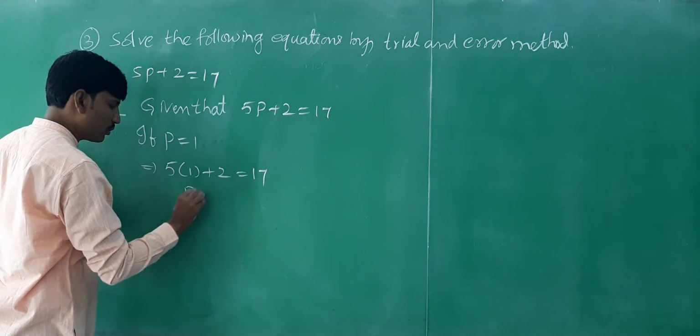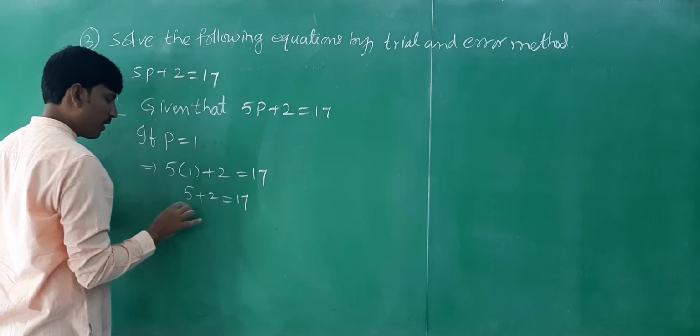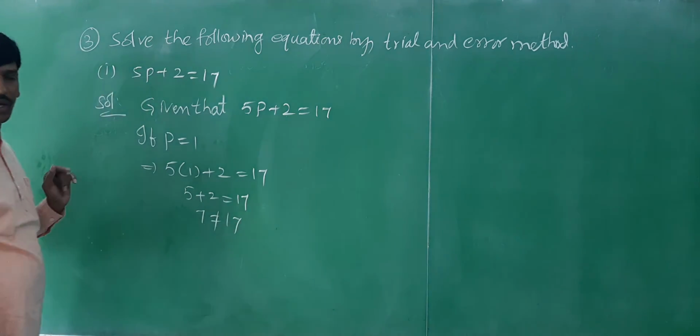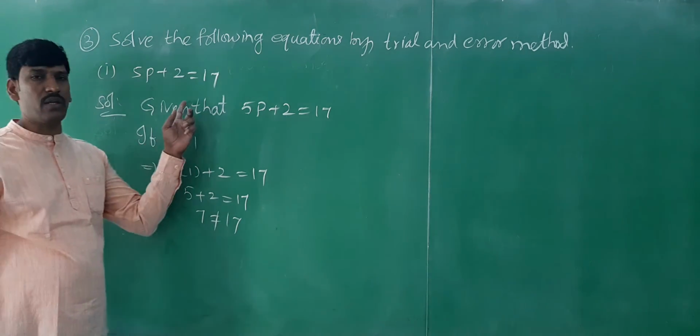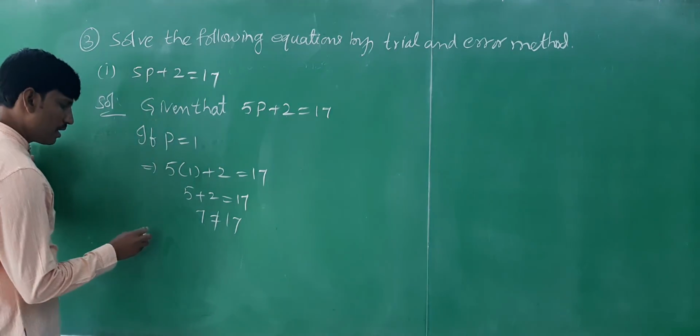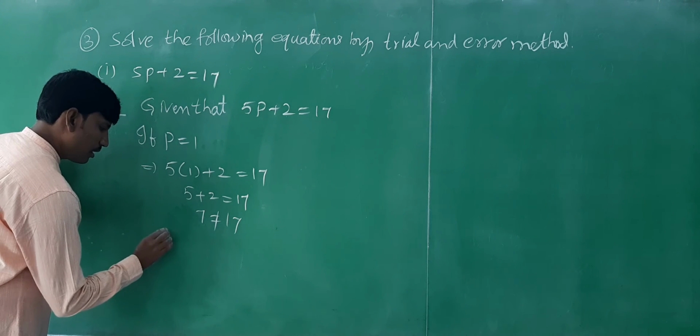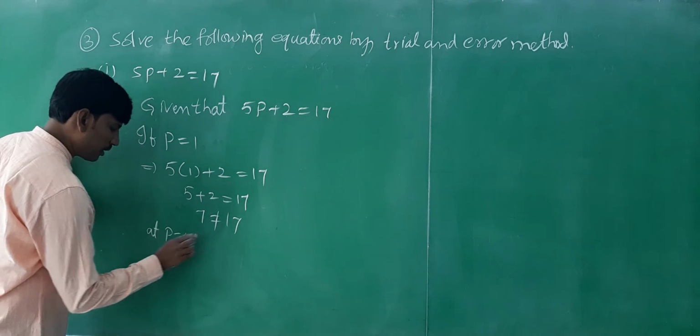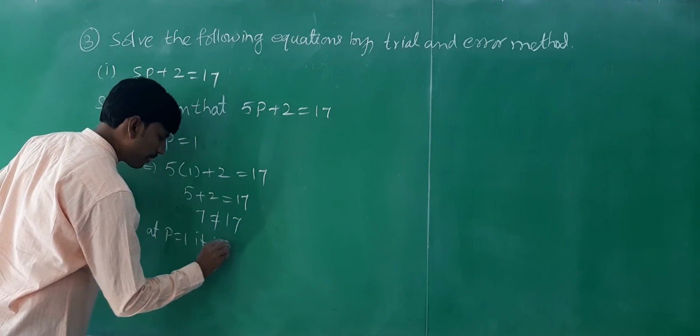So 5 plus 2 is nothing but 7. 7 is not equal to 17, so it is not satisfied. At p equal to 1, this equation is not satisfied.